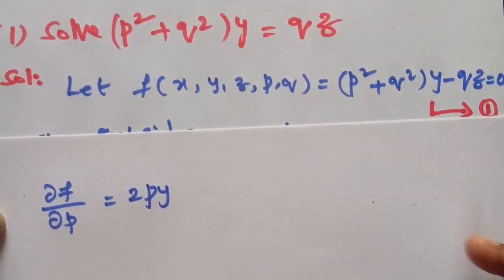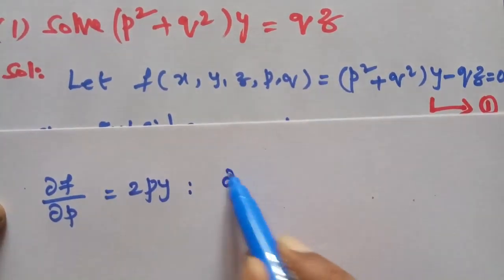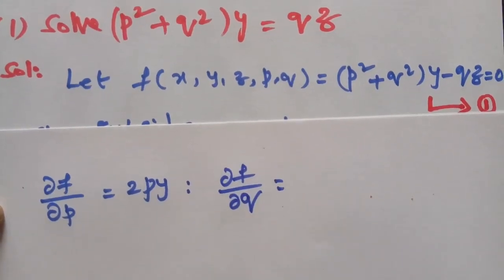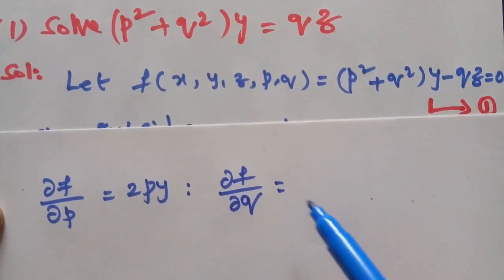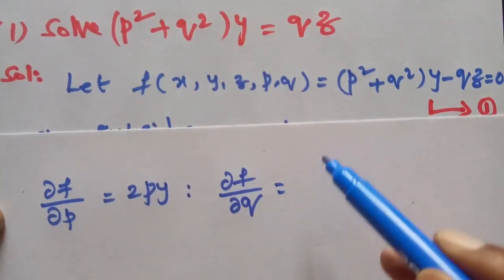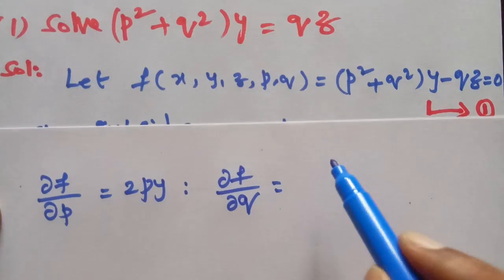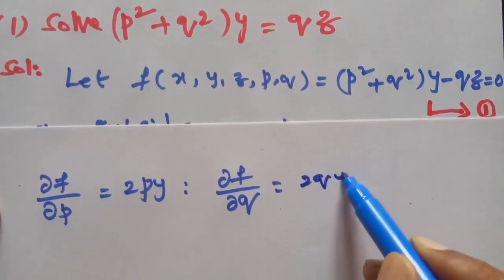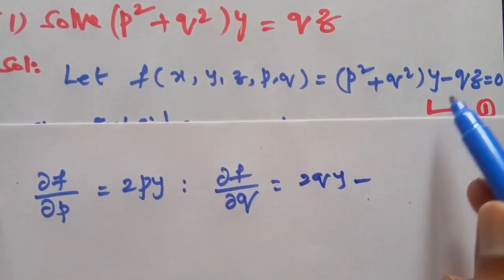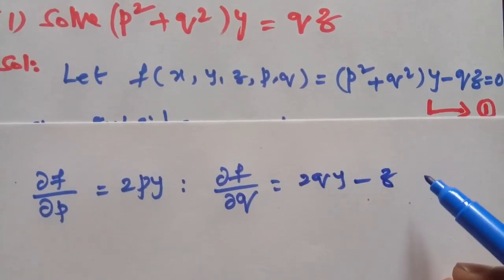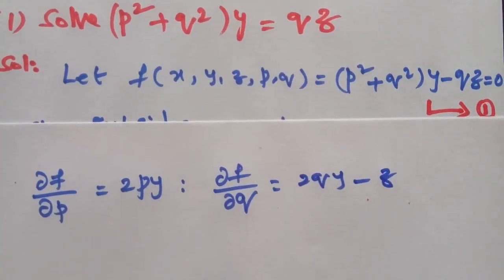Y is also constant. Then ∂f by ∂q, partially differentiating with respect to q. Except q, all other variables are constant, so p square y is constant, 0. Therefore 2qy, the q square y derivative, minus the derivative of qz, that is minus z, since the q derivative is 1.